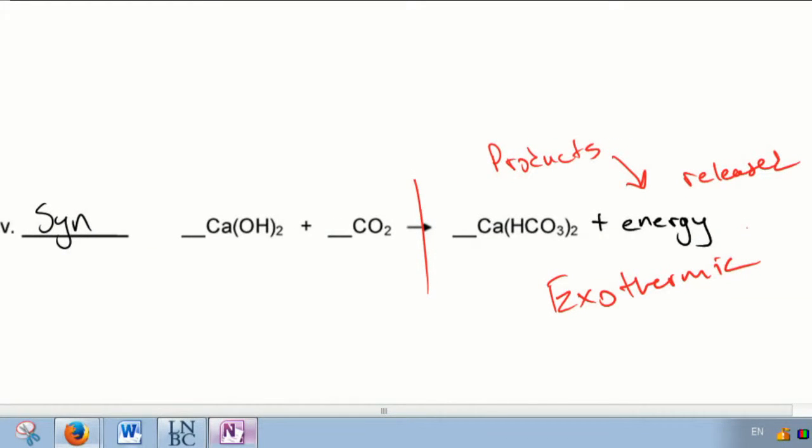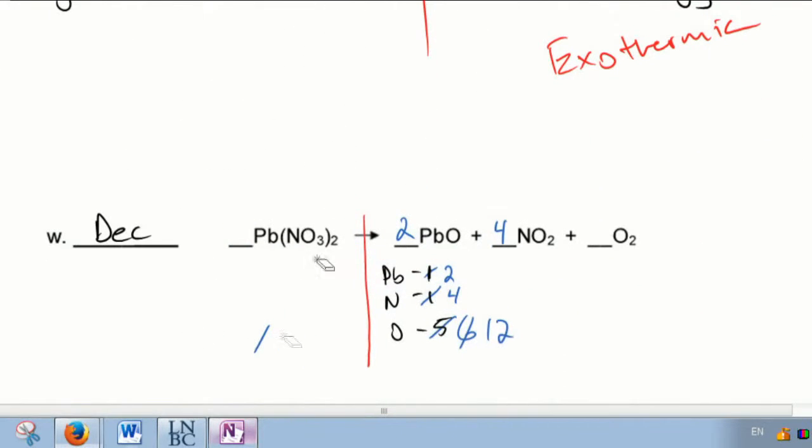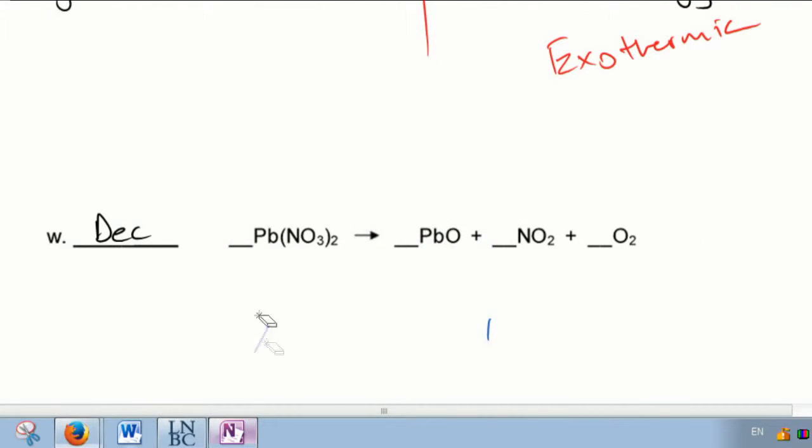If I had an equation where I had energy on the reactant side, well, that means it takes a bunch of energy to make this reaction proceed. So if you see energy plus, that means it takes a bunch of energy to make the reaction happen.